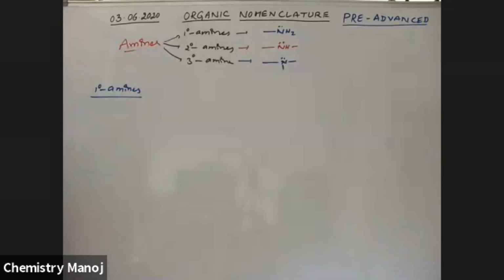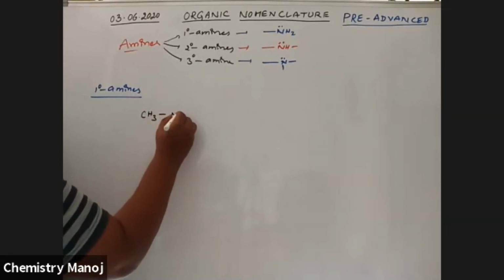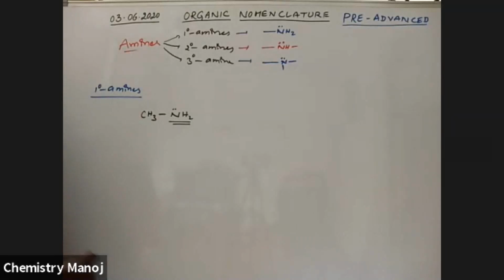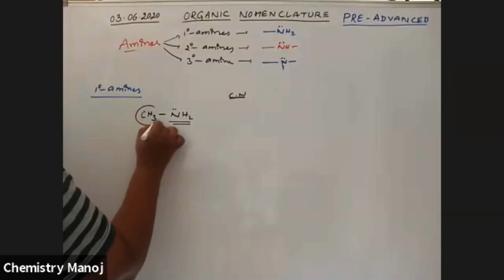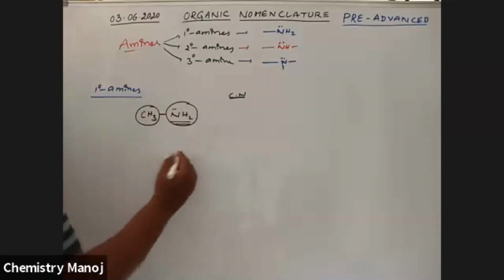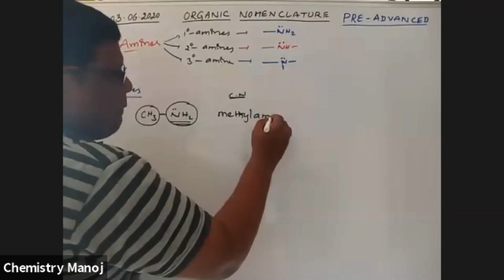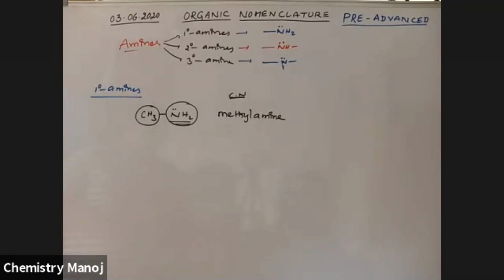Let us say CH3 bonded with NH2. So here is NH2, it is a primary amine. Therefore, the common name for this one is: it is a methyl group, it is an amine, therefore it is methylamine. Methylamine is the common name. Now the IUPAC name.